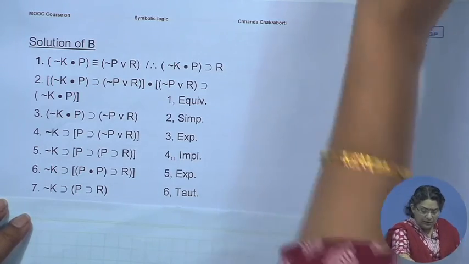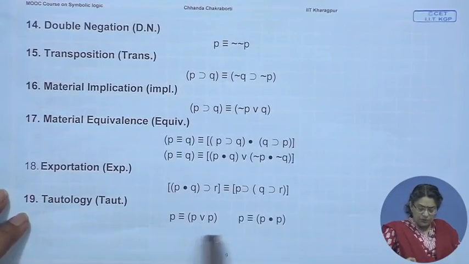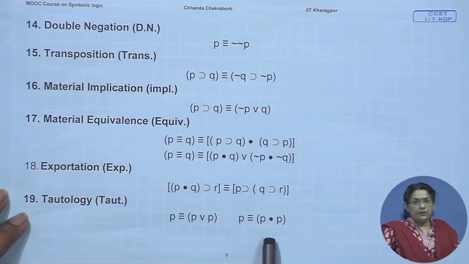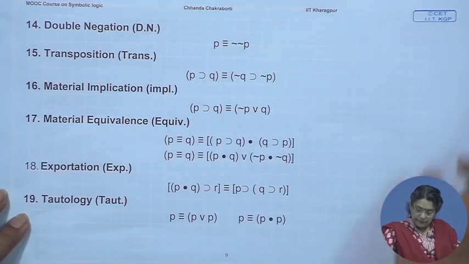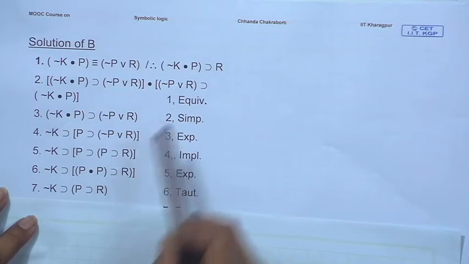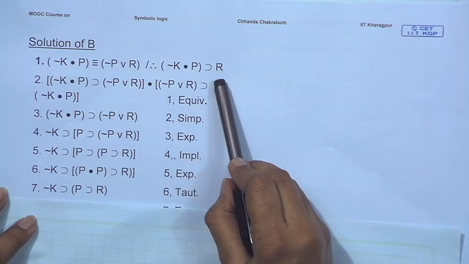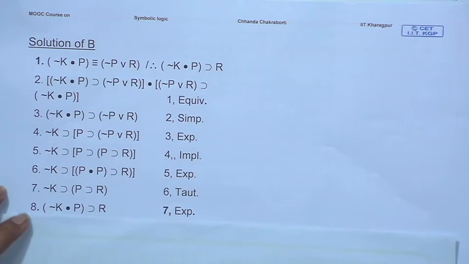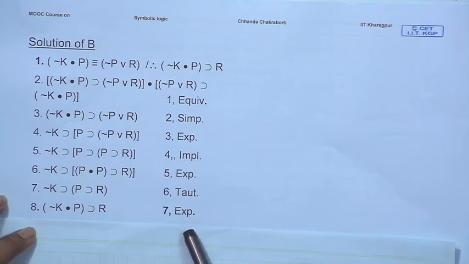This is the rule that we are referring to, this is tautology, and this rule is what I am applying here. So, once we have that not K horseshoe P horseshoe R, you can see that it is a matter of just one step to reach that by another application of exportation. So, here you are not K dot P horseshoe R.